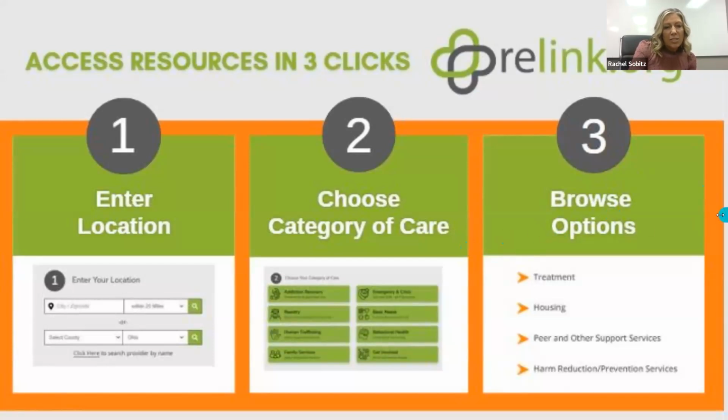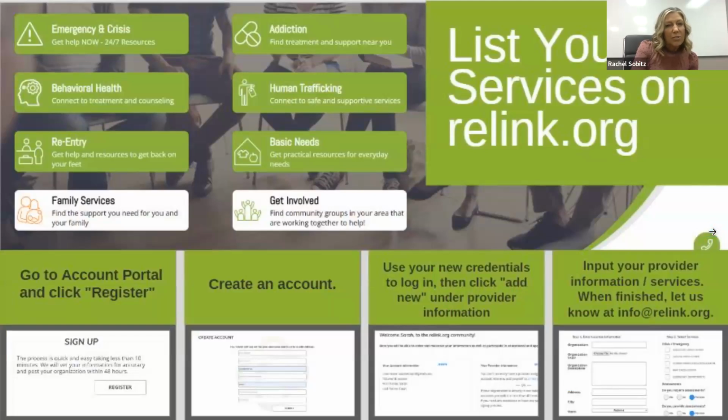We have addiction recovery, reentry, human trafficking, which I mentioned, and family resources. We have several other areas as well, including basic needs, which is a popular category that a lot of people search under. Once you click on one of those categories, you'll get different options to choose from.